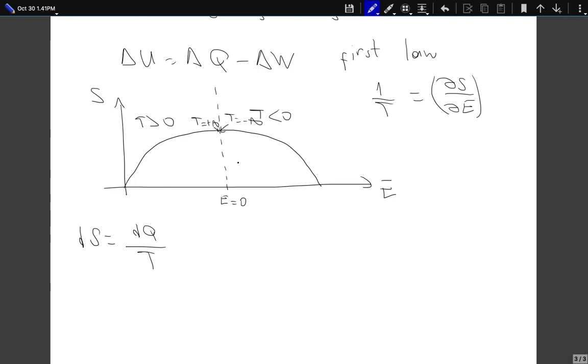Now, that is a problem in measuring these negative temperatures, because the thermometers we use don't have negative temperatures. So if you use just an ordinary thermometer, and how does the thermometer work?